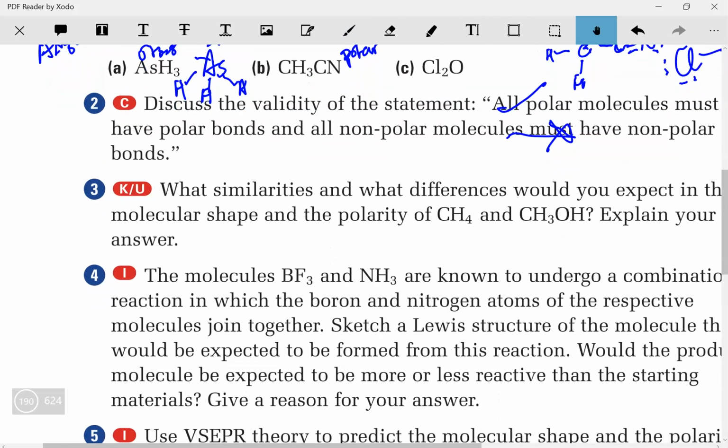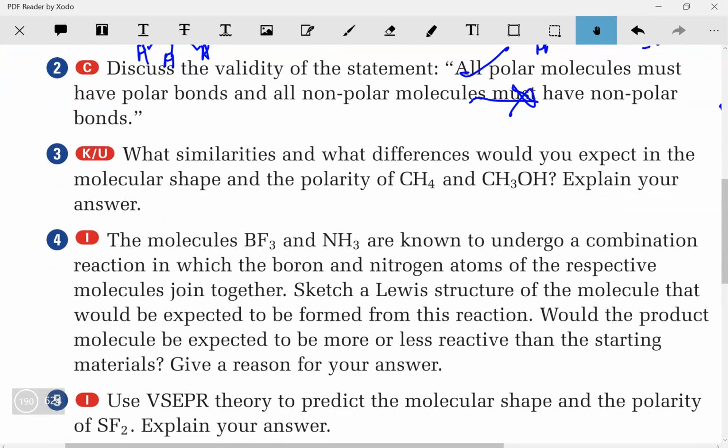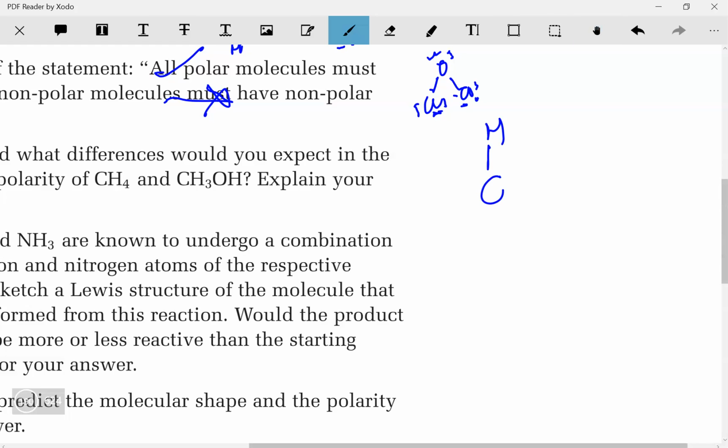What similarities and what differences would you expect in the molecular shape of CH4 and CH3OH? I would expect some differences, because if you look at that oxygen, CH3OH looks kind of like this, with 2 lone pairs on the oxygen.